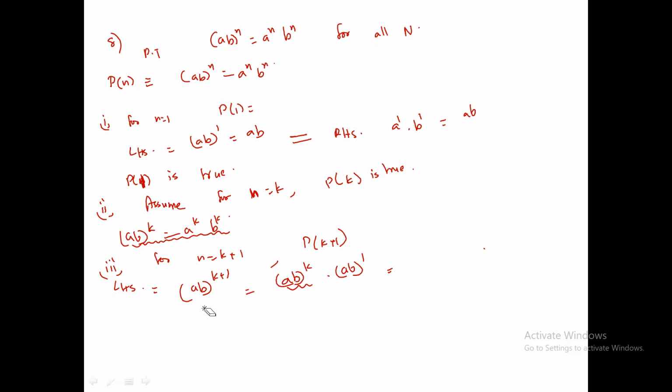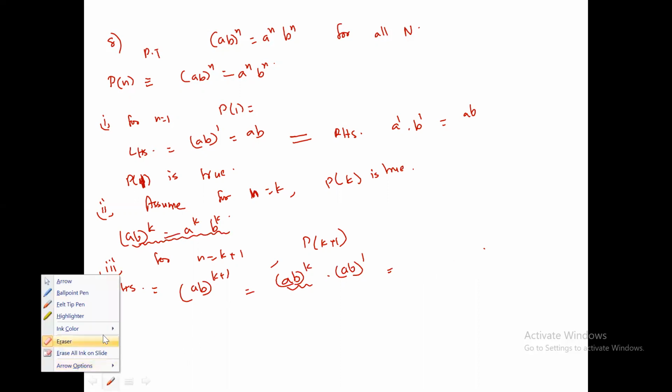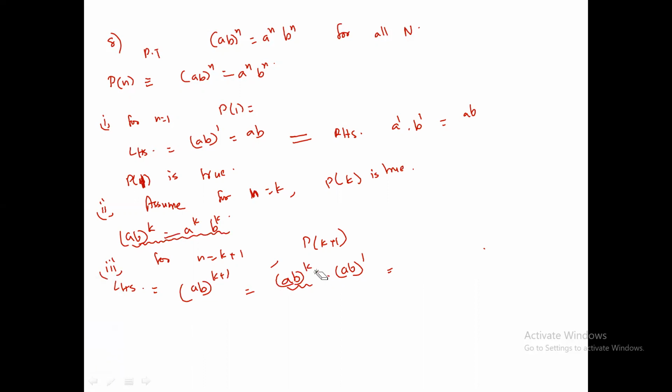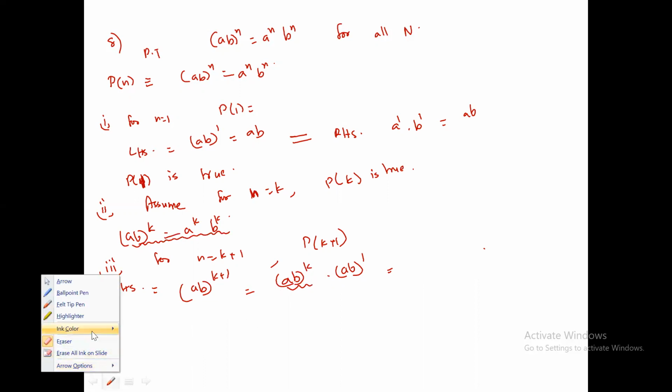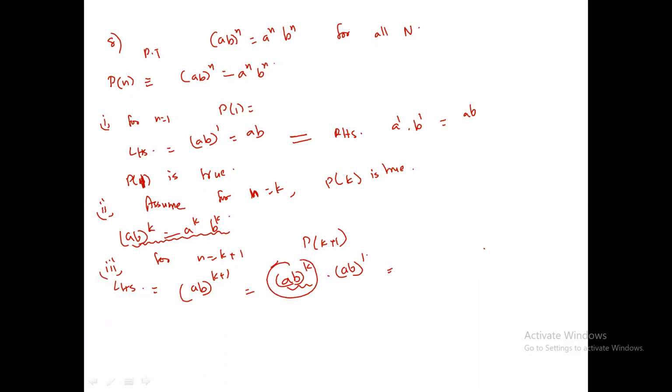Did you understand what I'm doing? I'm using P of k. In P of k, this is written as A power k into B power k, into AB I'm writing. So what I got? A power k plus 1 into B power k plus 1. This is what I got. Right hand side also I will put n as k plus 1.